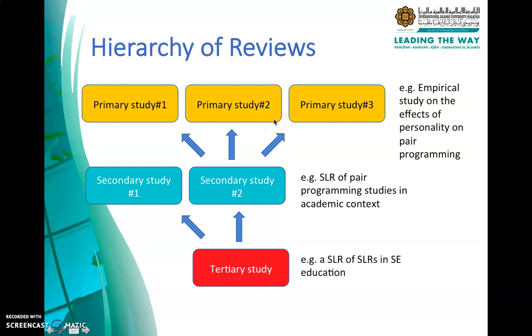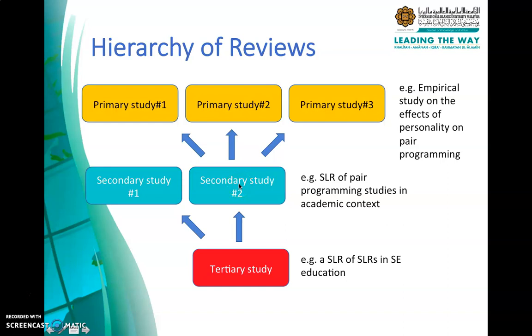Any individual study. And then a secondary study is a review study, to review existing primary studies. And a tertiary study is a review study to review secondary studies.